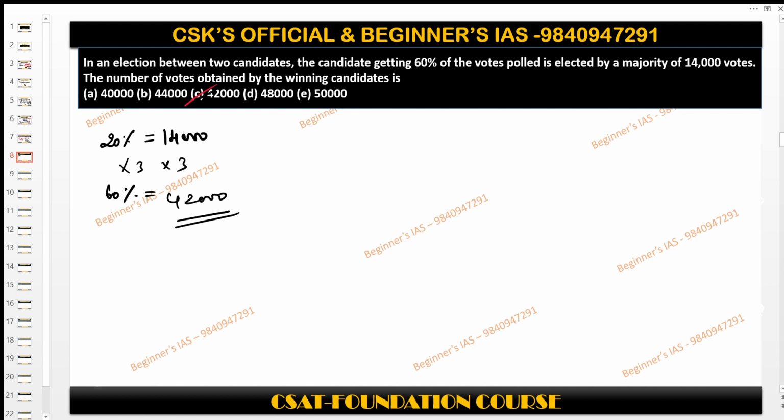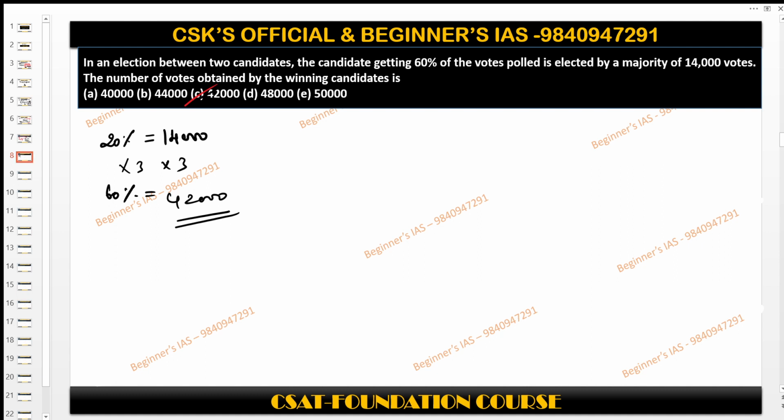Sir, how are you saying 20% is 1400? The difference has been provided here. There are two candidates. One candidate is elected with 60% of the votes and he has got 1400 more votes than the second candidate.